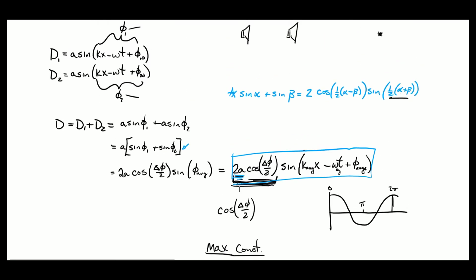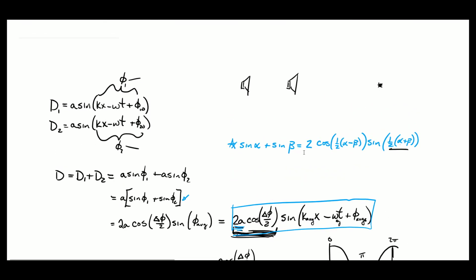And if we go back up here to think about what that means, well, that means that if I'm looking at the speaker for the wave from speaker 1, it looks something like this, right? And the speaker 2 wave would have to have its crests line up in the same way. So I have that crest with a crest.